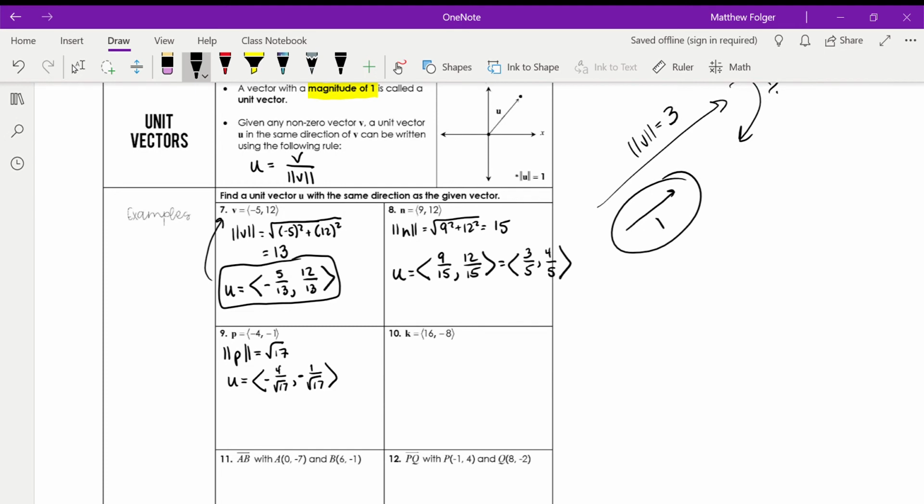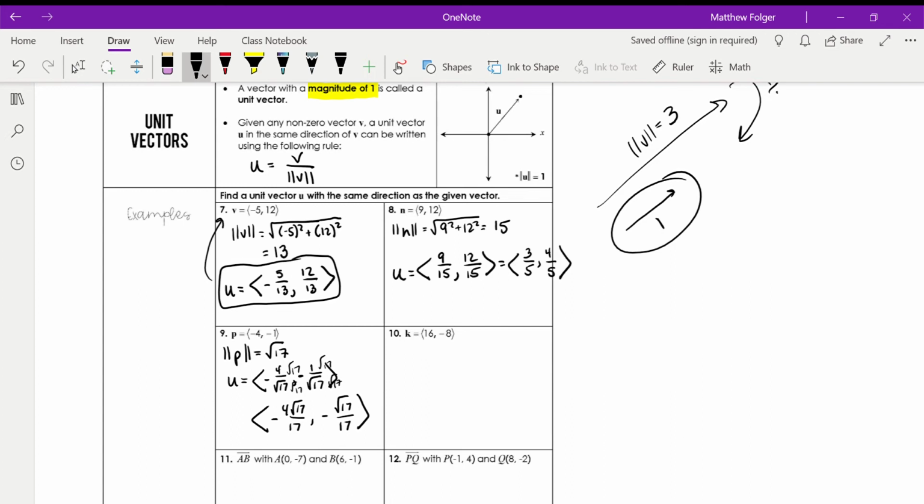Now, we know we can't leave it like that, right? You have to multiply everything by that denominator to get the radical out of there. So it's going to be negative 4 radical 17 over 17, and then negative square root of 17 over 17. If you want to write the 1 on that one, you can. But here's the unit vector, here's the initial vector. Make sure the signs for both the a and the b values match.